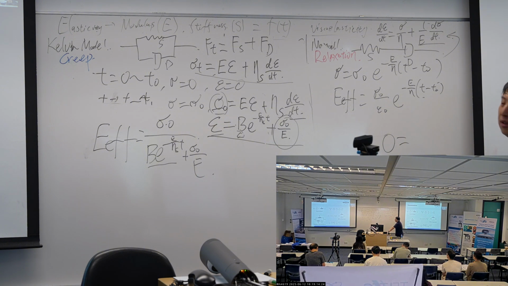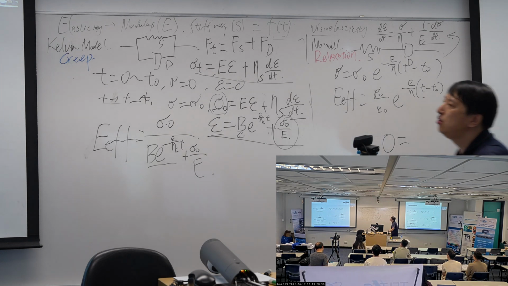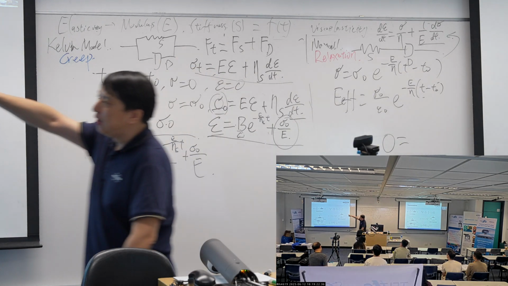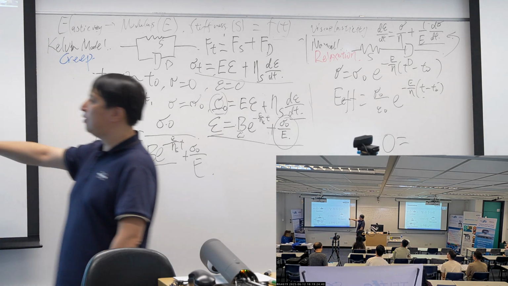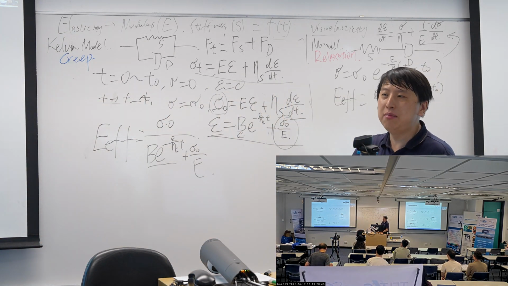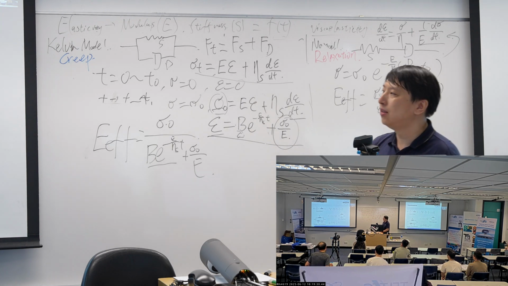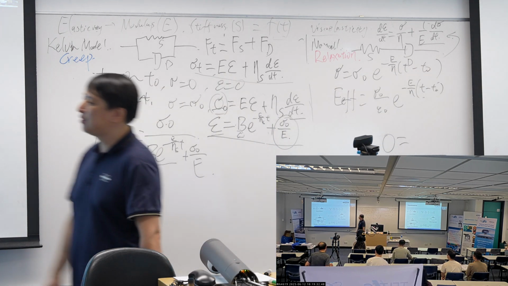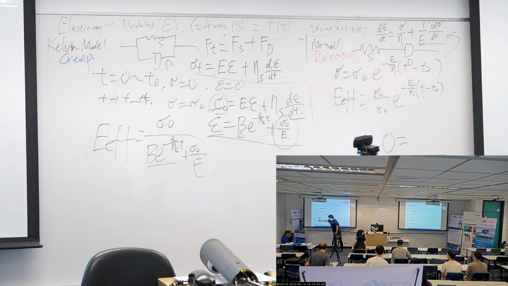But in the 20th century, people found that it is not always correct to just use Maxwell's serial or Kelvin's parallel combination. So nowadays, they play games similar to the resistance. They put a standard linear combination for those things.